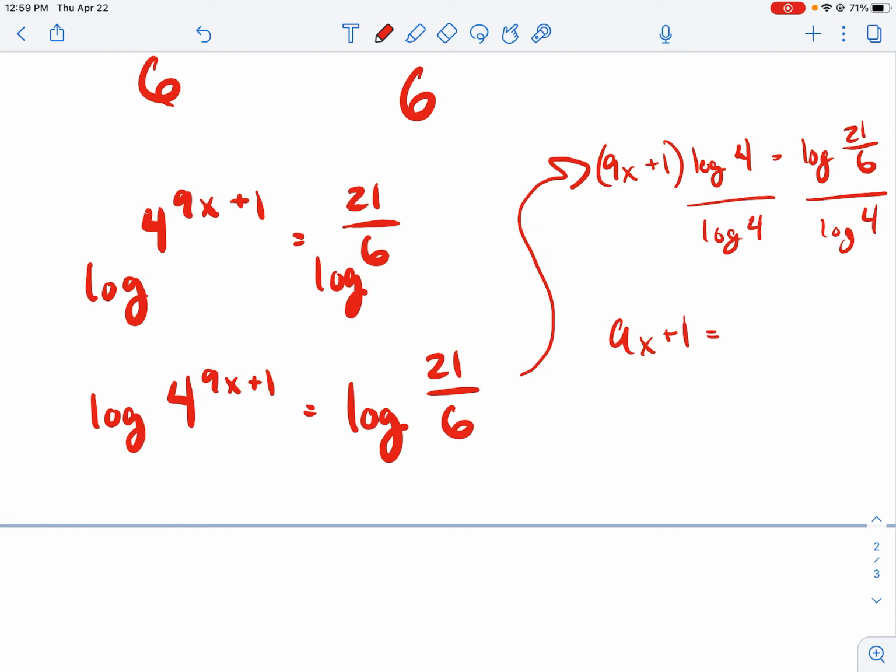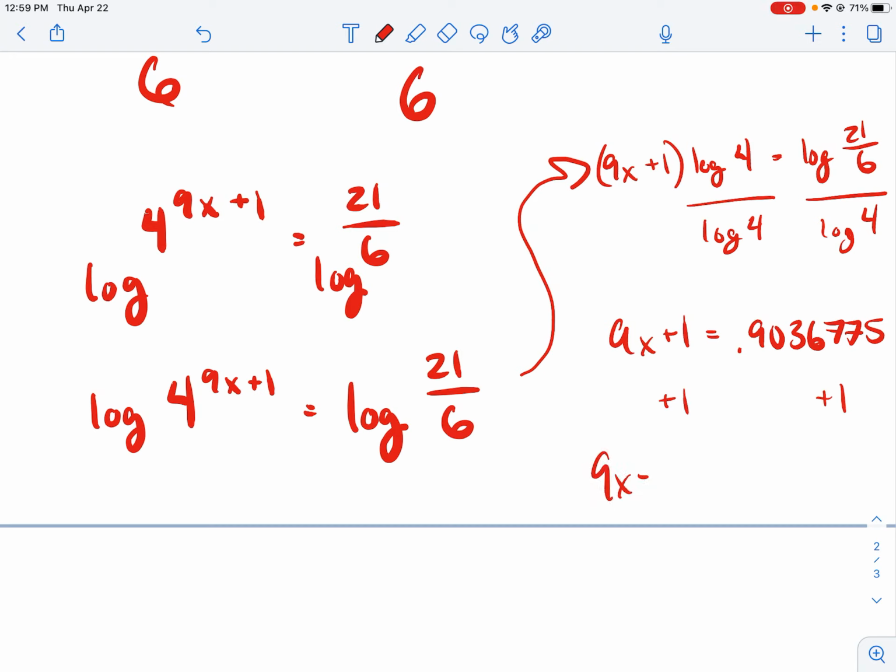So let's catch up here. The log of 21 divided by 6, all that divided by the log of 4. And I get 0.903677. And so I add 1, add 1.